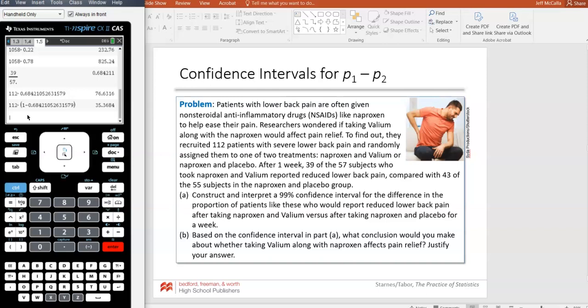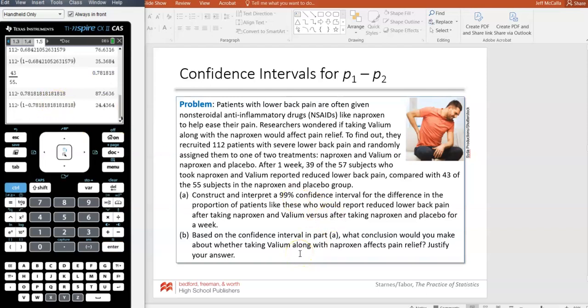Those are both at least 10. That's good. Let's do the other one. The other one was 43 out of 55. These are a little smaller, so you've got to be careful, make sure they work. 112 times this guy, that's number of successes. 112 times 1 minus that guy, that's number of failures. Okay, they all pass at least 10.